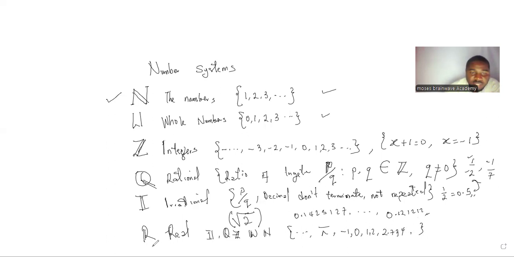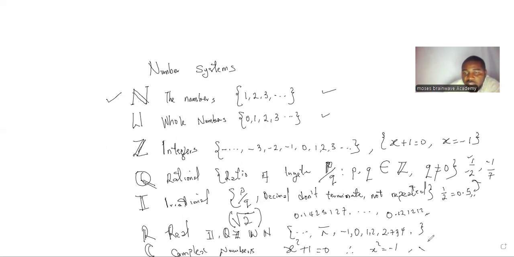Then lastly, we have the complex numbers. Complex numbers help us solve equations of the form x squared + 1 = 0. If you solve this the algebraic way, you have x squared = -1.